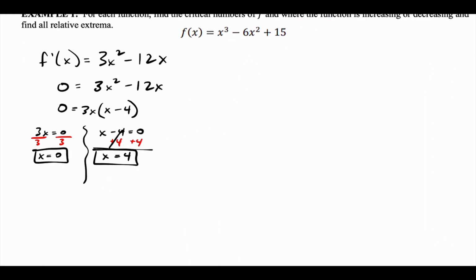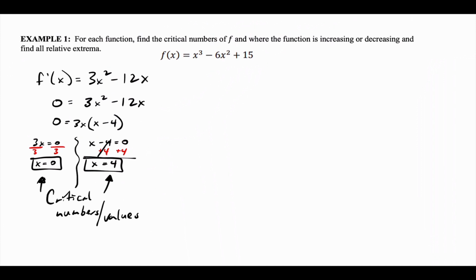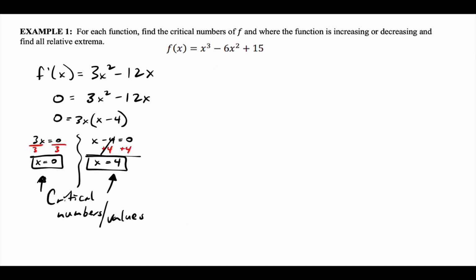Those are my critical numbers or critical values. Sometimes they're called critical numbers, sometimes critical values, whatever you call them. 0 and 4. So I found the critical numbers.